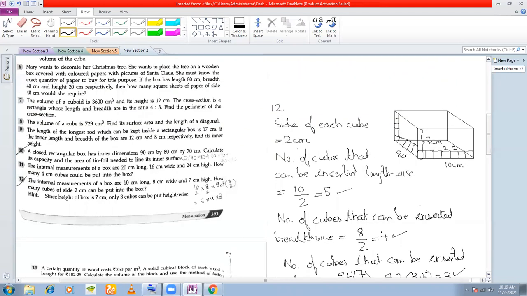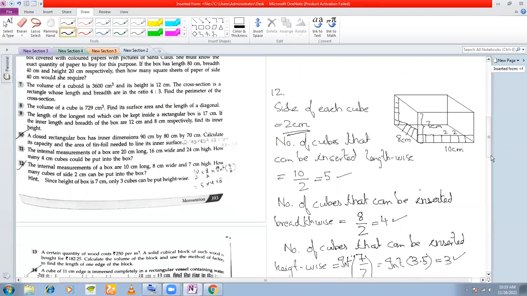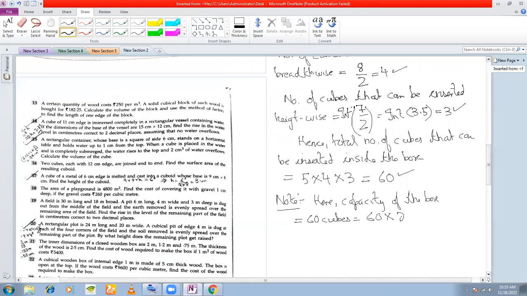What is the side of each cube here? 2 centimeter. So what is the volume of each cube? 2 cubed. So what is the volume of the total of 60 cubes? You agree? This is the volume of 60 cubes, which is equal to 480 centimeter cube, right?